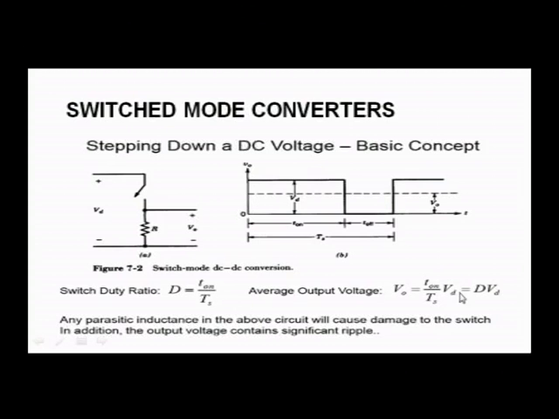I have already told you it is D. So, D into Vd. And what you should all know is D is a scalar, a value between 0 and 1. So, in this case the output voltage is always going to be lesser than the input voltage by a ratio which is given by D.